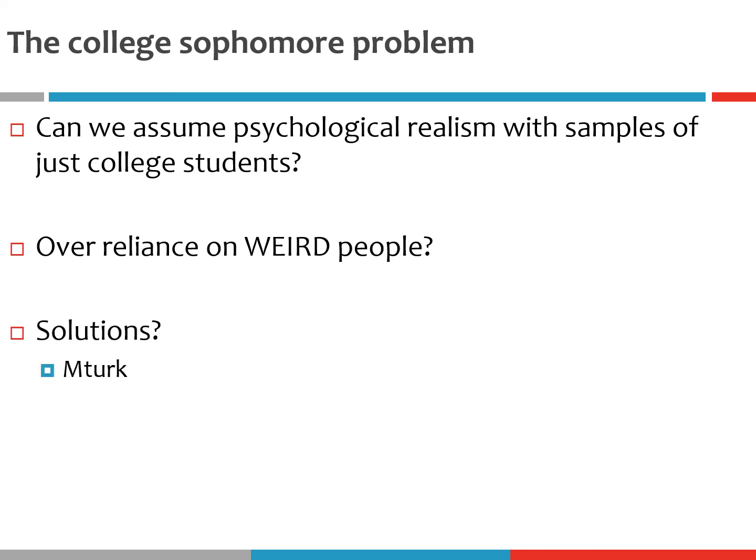Okay, so how do we solve this problem? How do we utilize samples that are more representative of the population? Well, one of the things we can do is utilize something called mTurk. So Mechanical Turk is a program that Amazon created that allows you to use samples from all different countries.